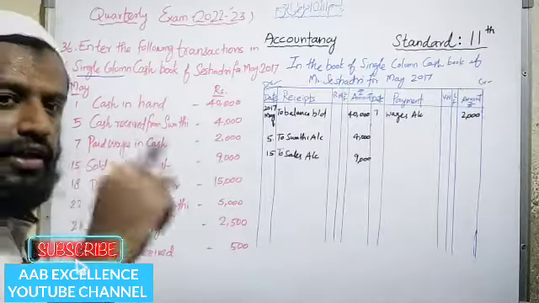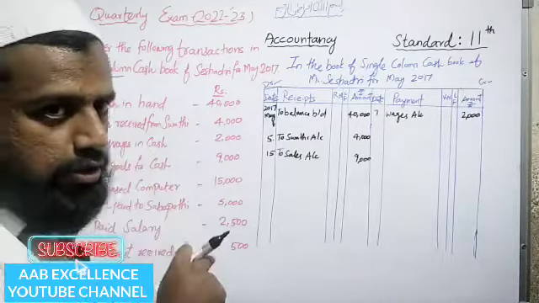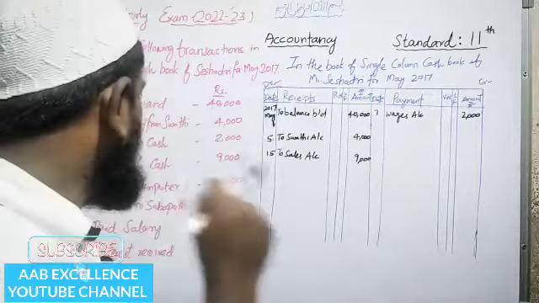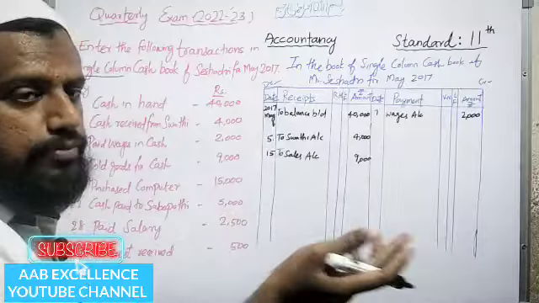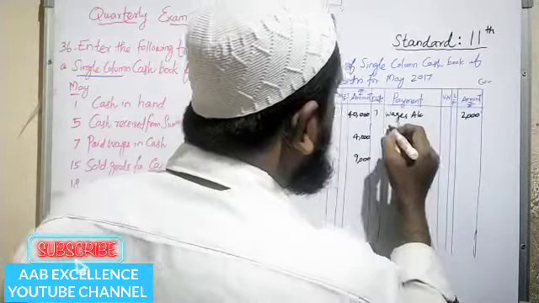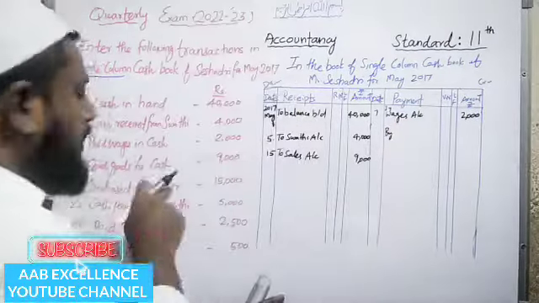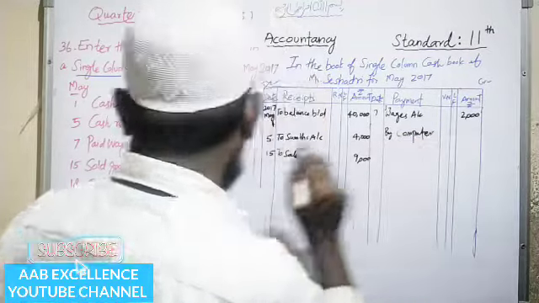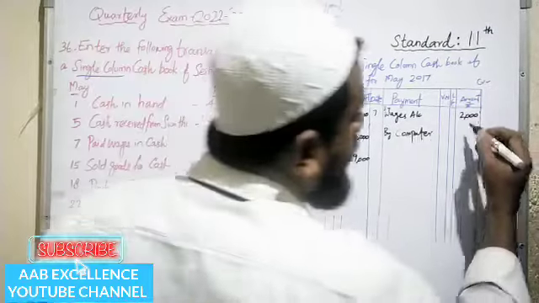So purchase computer for cash, cash goes out. So we have to write it down on the payment side: By computer, how much? By computer purchase, for cash, 15,000 rupees.